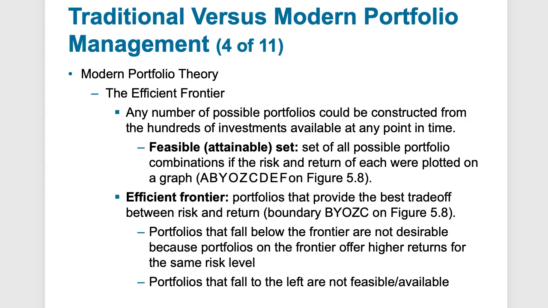Now these portfolios on the frontier are going to have the highest returns for the same risk. So there's going to be one point that's going to have the highest amount of return for that risk level. And then some portfolios will be in a more unfeasible sector, which we'd want to stay away from. So let's look at the graphic of this.